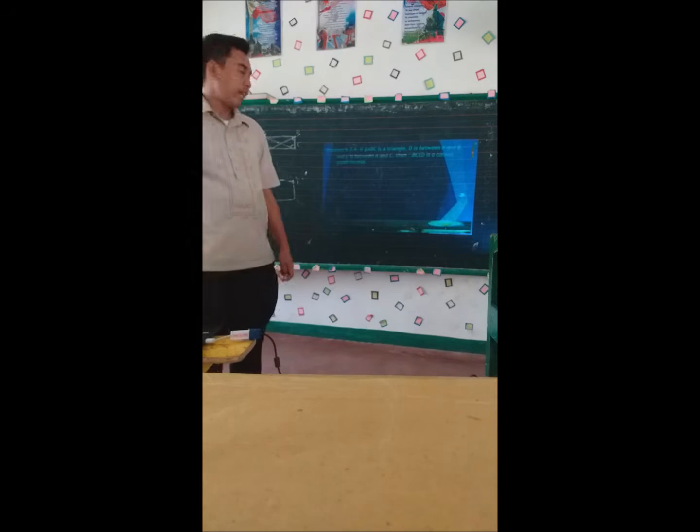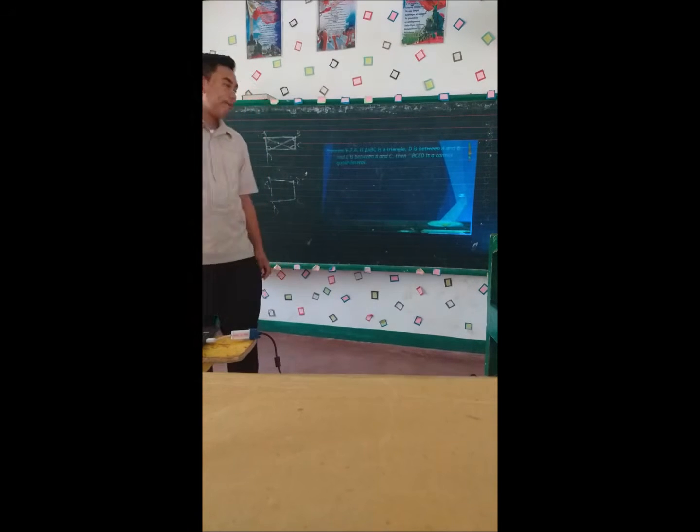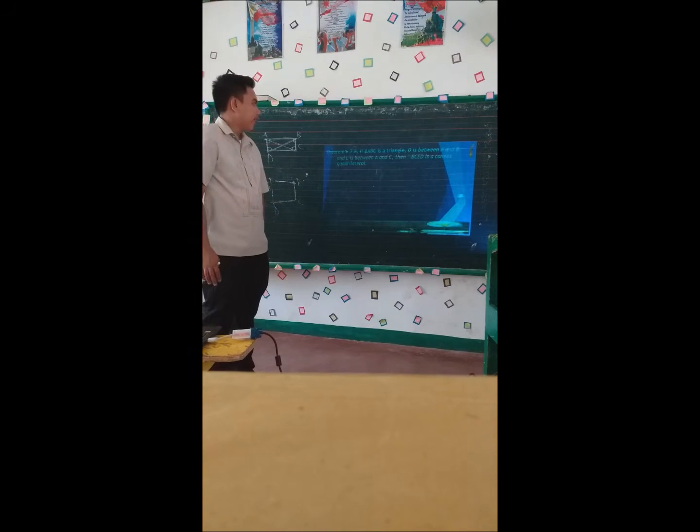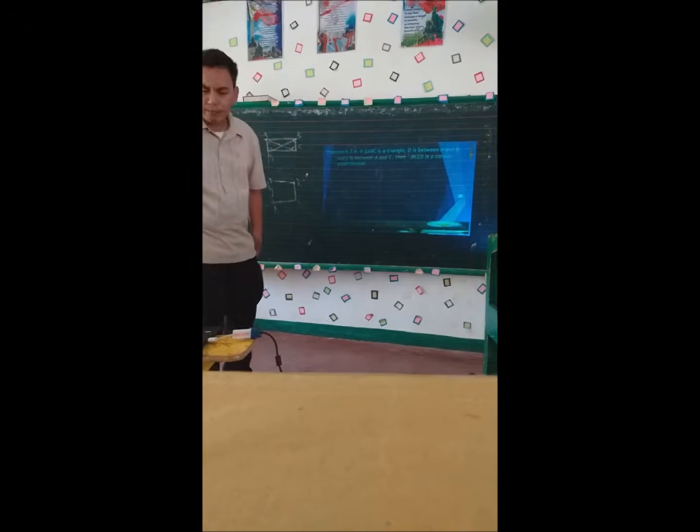Theorem 6.7.8: if triangle ABC is a triangle, D is between A and B, and E is between A and C, then the quadrilateral BCED is a convex quadrilateral. What does it mean? Let's read this drawing.